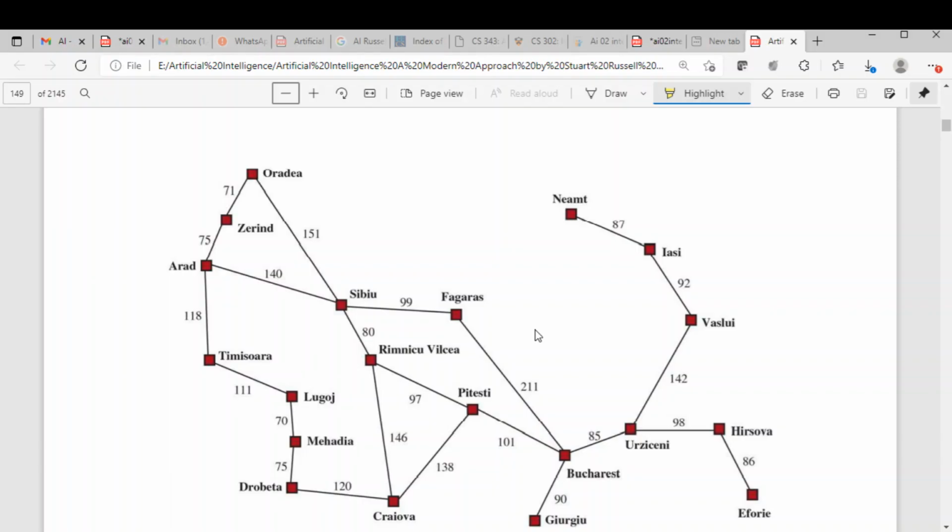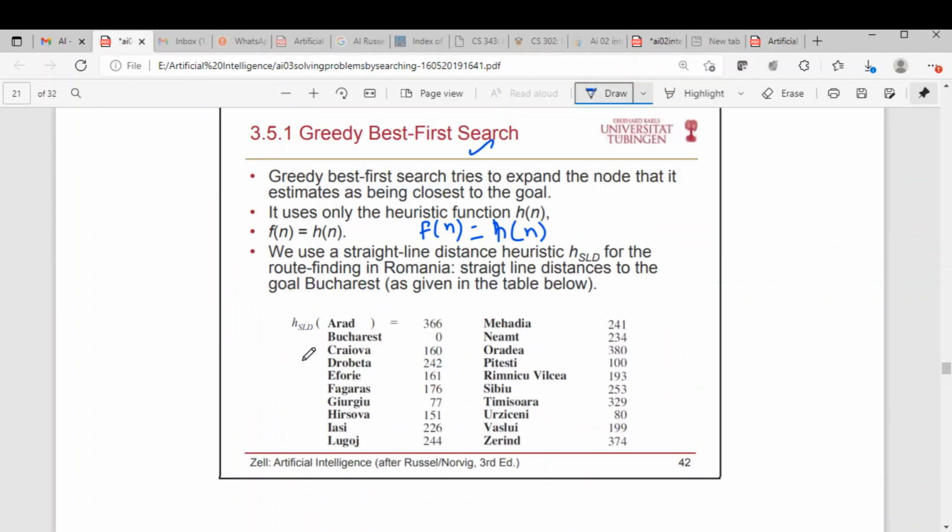Now we are going to apply greedy best first search to this map, for reaching from Arad to Bucharest. Let us assume that our initial state is Arad, and the goal state is Bucharest. We have to move from Arad to Bucharest.